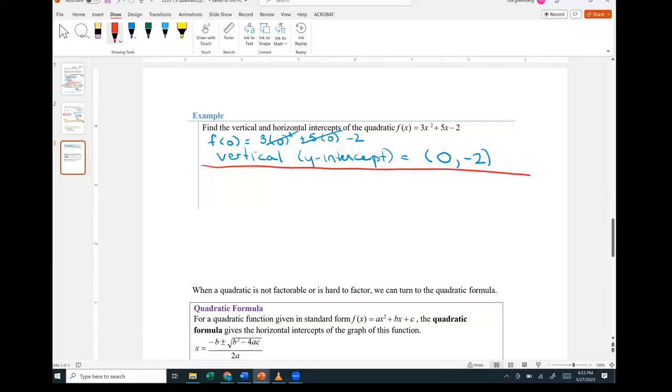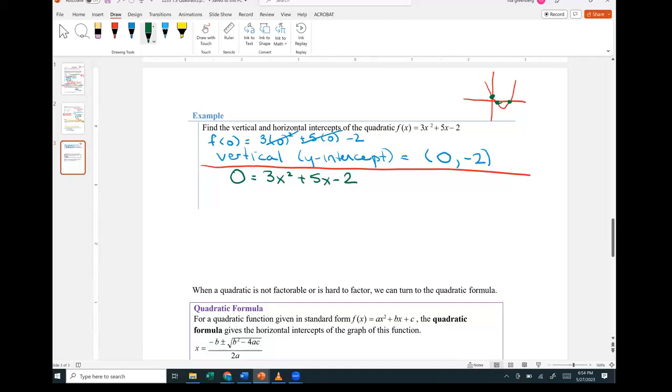There's a few ways you can find your horizontal intercepts, because really we're looking for when y equals 0. Remember, when we look at any kind of parabola, here x equals 0, and here y equals 0. So now what I have is 0 equals 3x squared plus 5x minus 2.